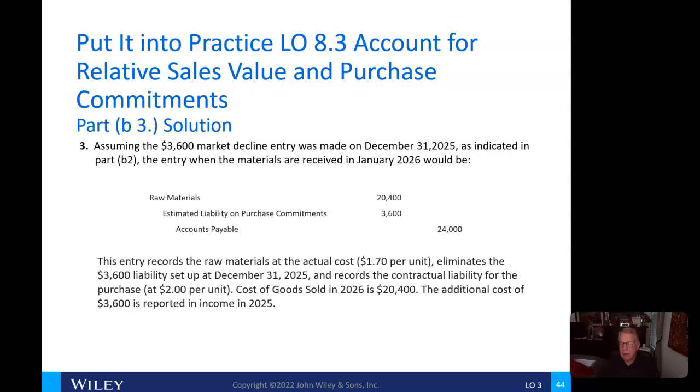It eliminates the $3,600 liability set up at December 31, 2025, and records the contractual liability for the purchase at $2 times 12,000, which is $24,000. The cost of goods sold in 2026 is $20,400. The additional cost of $3,600 is reported in income in 2025.